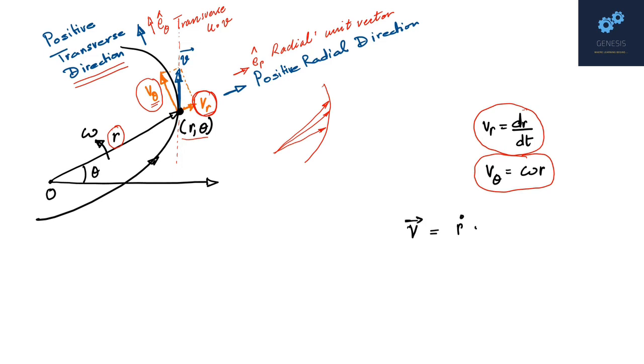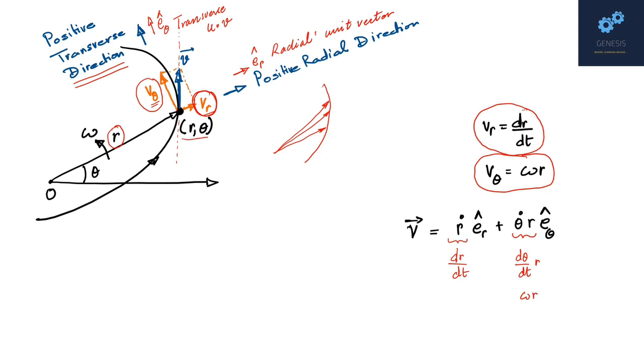So the velocity vector can now be written as dr by dt e_r cap plus omega r, this omega I have written as theta dot, which is d theta by dt, into r into e theta cap. This is nothing but something like the v vector when we write dx by dt i cap plus dy by dt j cap. So here along e_r cap the velocity is dr by dt, and along the transverse direction it is nothing but d theta by dt into r, which we simply write as omega r.